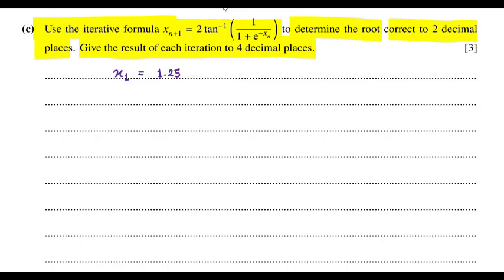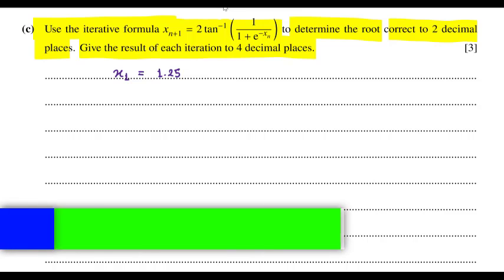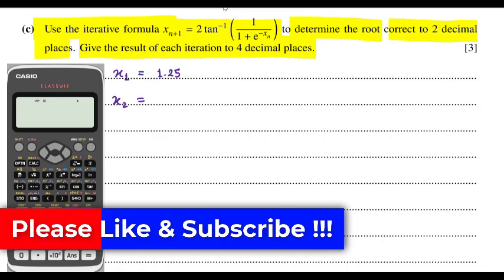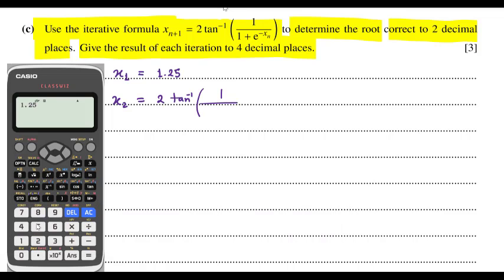I'll feed this value into the calculator display, so that I only have to use x2 only once as 2 tan inverse 1 upon 1 plus e to the power minus x1, just once, and we will get the answer.